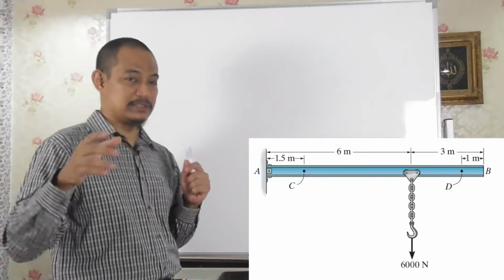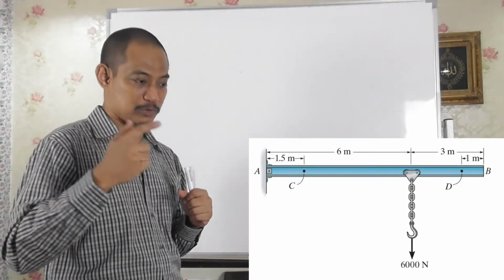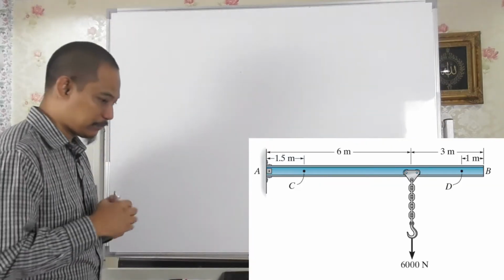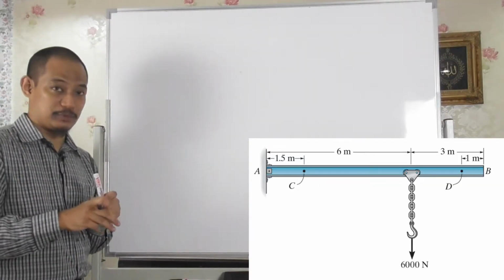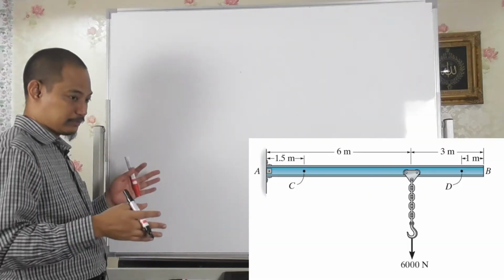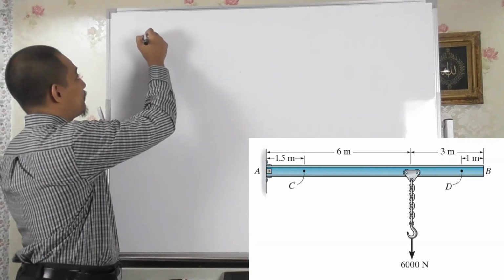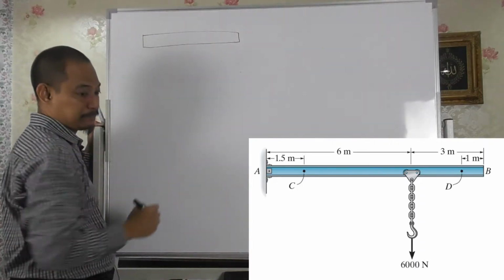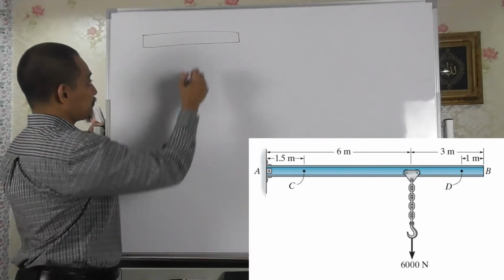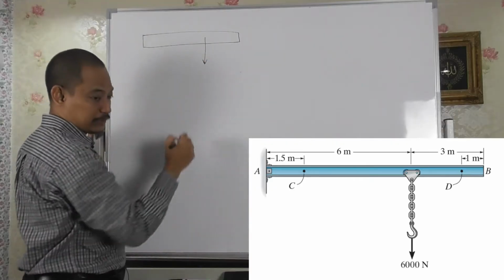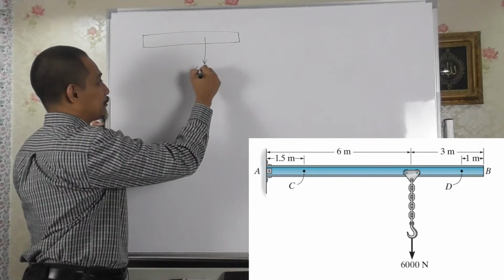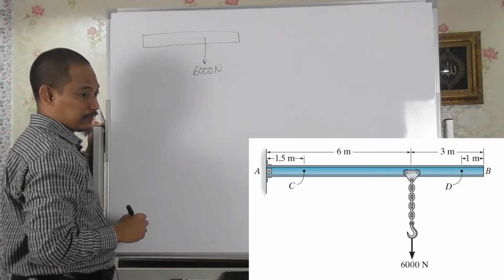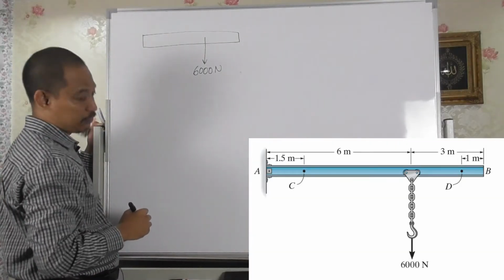Taking this, we are still solving for point C. If we take the right side, we can straight away draw the free body diagram. So you'll have the longer part there, and then somewhere here the load of 6000 Newton.